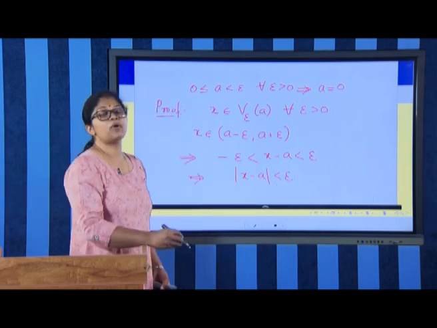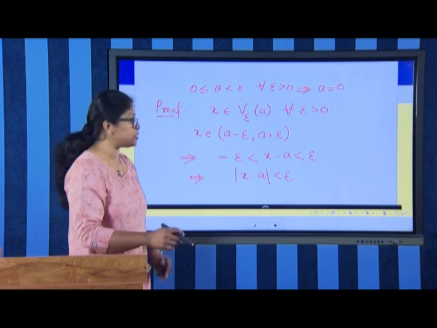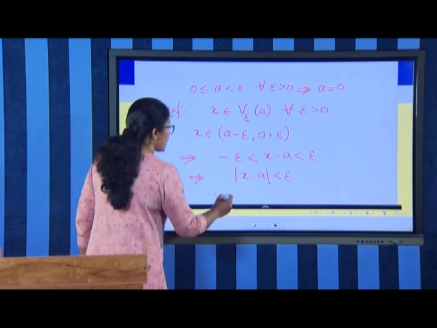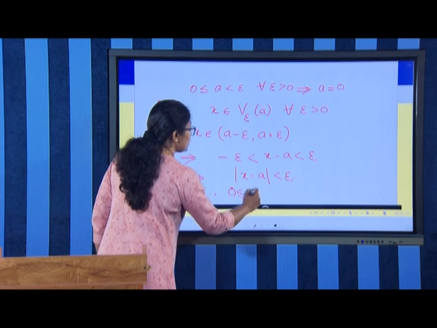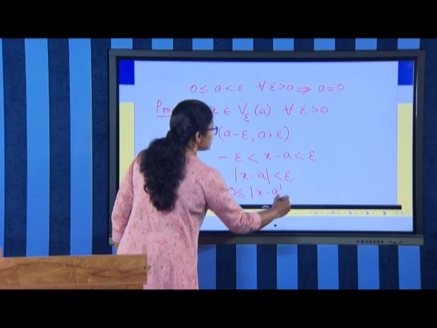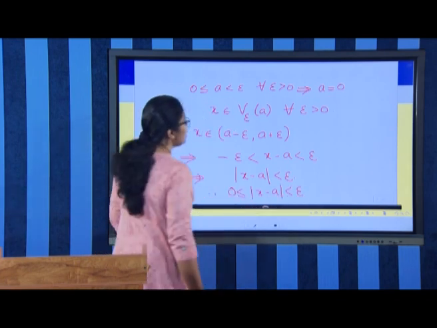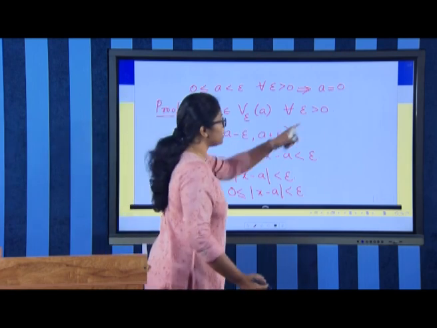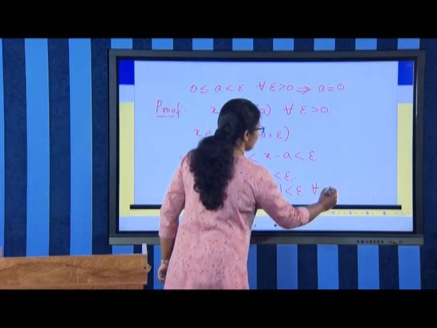And definitely modulus of x minus A is always non-negative. Therefore, we have 0 less than or equal to modulus of x minus A less than epsilon, and this is true for every epsilon greater than 0.